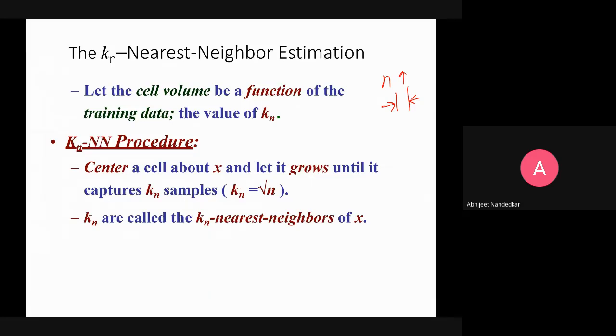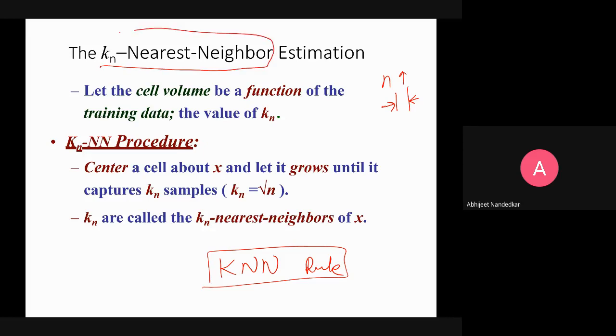Now there is one more method that will come in maybe next class or possibly this class called the KNN rule. That is K nearest neighbor rule, and this is K nearest neighbor estimation. These two things are separate. They are not the same. The names are similar, but they are different altogether.